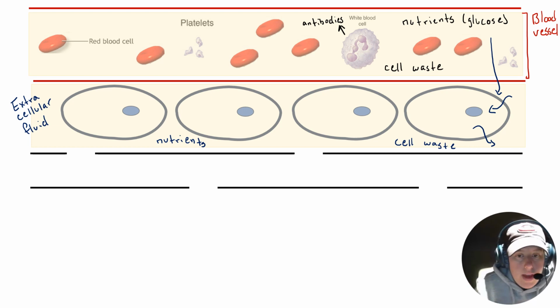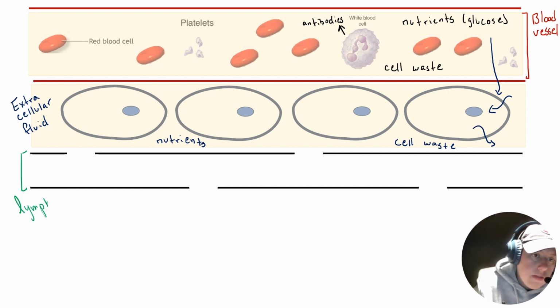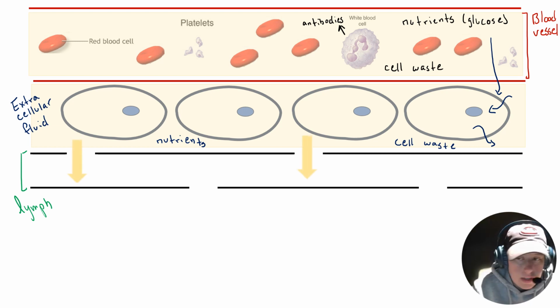So that's why we have our second set of vessels, which are our lymph vessels. And these lymph vessels have specific holes, so it's an open system for extracellular fluid to flow into it.